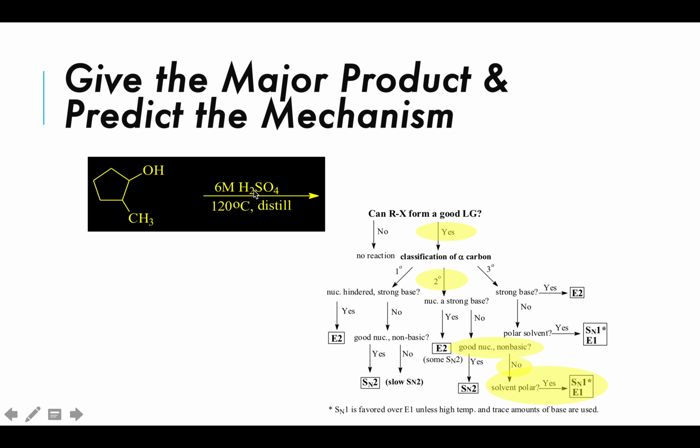And is my solvent polar? My solvent doesn't say, so we assume that this is an alcohol solvent. An alcohol is polar. So yes, we prefer SN1 and E1. Now, which will happen more, SN1 or E1? We have high temperature, so high temperature means E1.